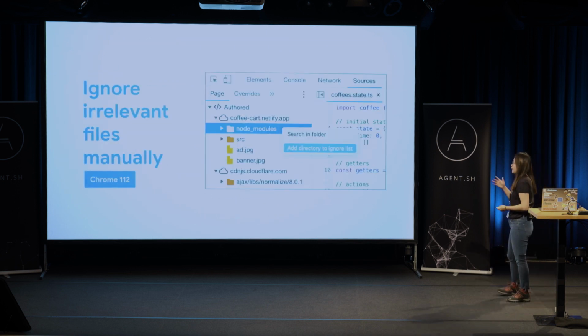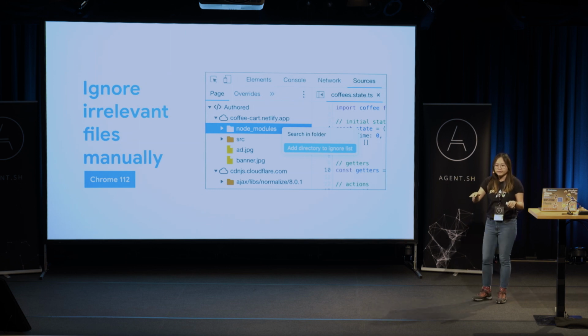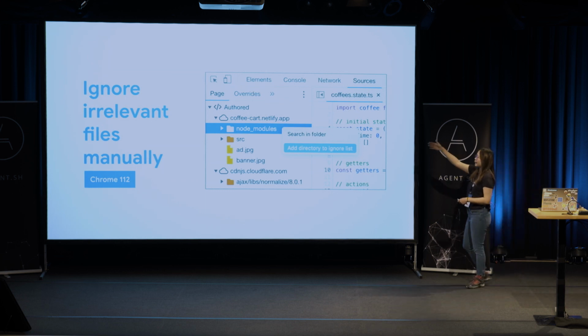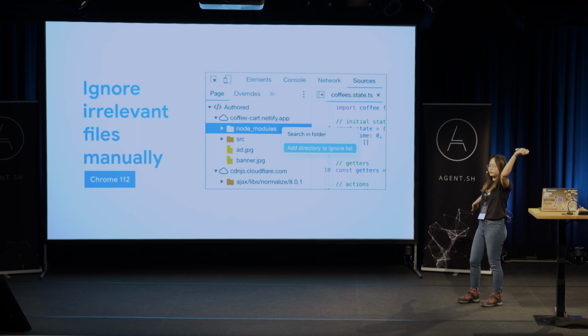But what if the framework that you are currently using, for example React, doesn't support that yet? We have something for you. For example, node_modules is very common, everyone has a big node_modules, right?